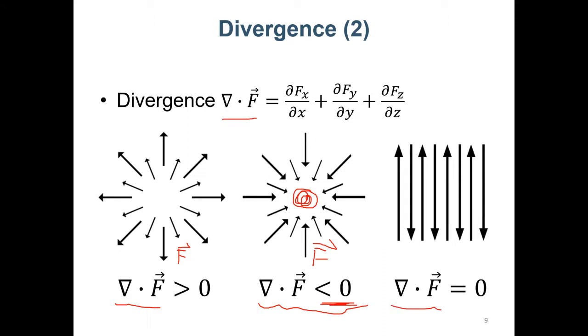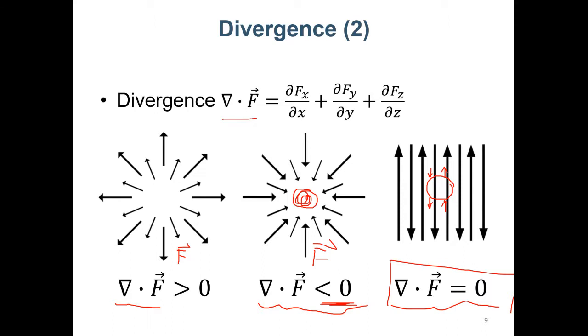If divergence of f is equal to 0, you don't find any inflow or outflow, so it will look something like this, or not really like this, or maybe all of them are pointing to the same direction, so that if you just circle some point, then you see this is going in, going out, going out, going in, then the net flux is 0.